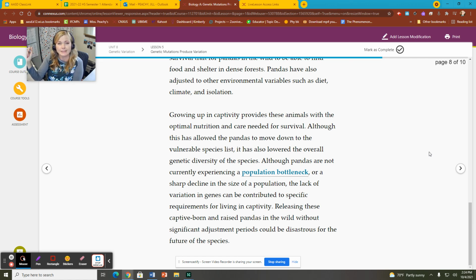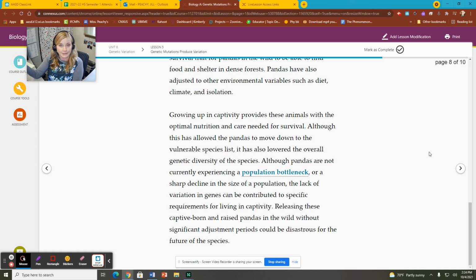We see this often with human caused problems. We completely destroy a habitat, which destroys a lot of the organisms in that habitat and leaves just a few behind. And what happens in this situation is that you lose genetic variation because you've destroyed many of the organisms in that habitat.